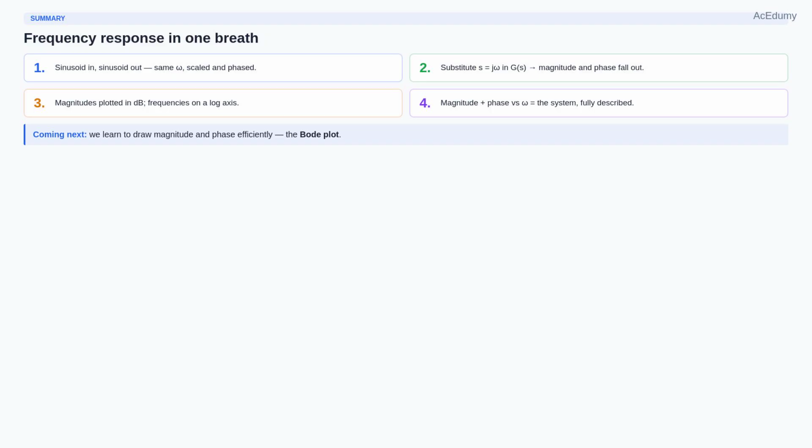Magnitude and phase fall out of the resulting complex number. Magnitudes are usually plotted in decibels. dB equals 20 log magnitude. The frequency response, magnitude and phase versus frequency, is a complete description of an LTI system. Every classical design tool from here lives in this space. Next, we learn to draw it efficiently, the Bode plot.